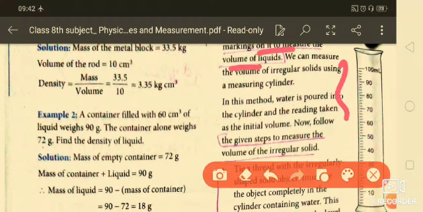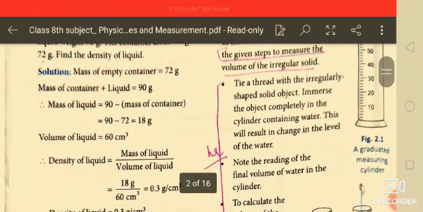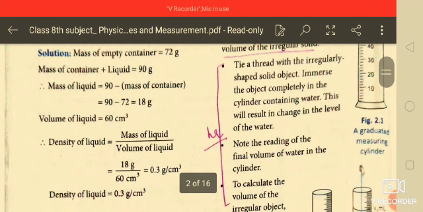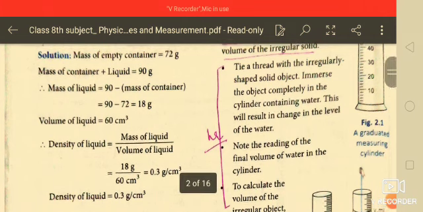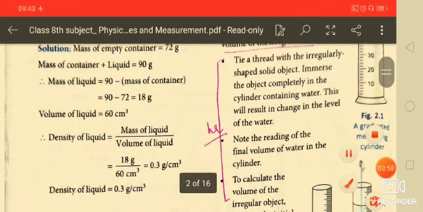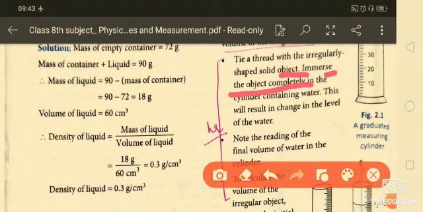The measuring cylinder is given here. Now the steps to measure the volume of irregular solids: we will use such things. And what will you do? Tie a thread to the irregular shaped solid object and immerse the object completely in the cylinder containing water.